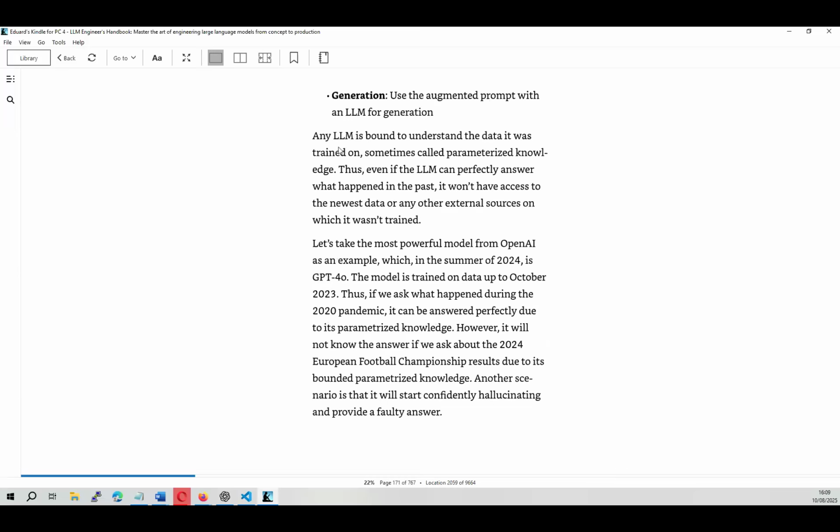Here is a description of how these three components work. So a user, a client, asks a question. Assuming that the ingestion pipeline already populated a database, this question is used by the retrieval model to find relevant pieces of the answer to this question.